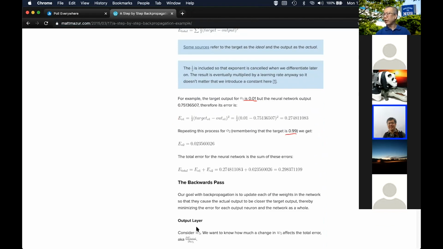Then I can calculate the squared loss with these values. That's just applying the error. So then I have the total error, and I need to pass that backwards because I want to get my E total down. I want to change it so that it works well with a new set of weights.